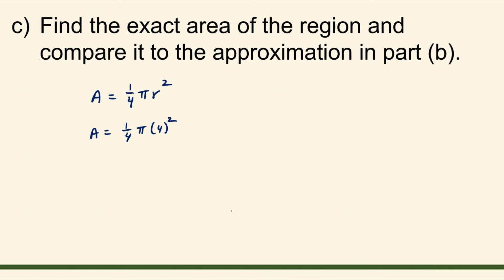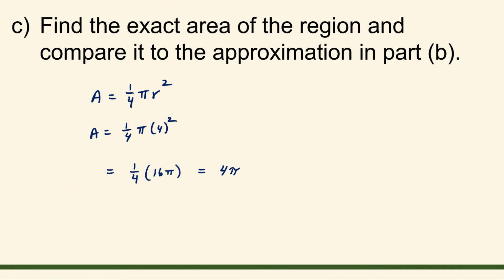The radius of our circle was 4 units. Therefore, the area will equal 1/4 times pi times 4 squared. This results in 1/4 times 16 pi. And 1/4 times 16 pi is equal to 4 pi.